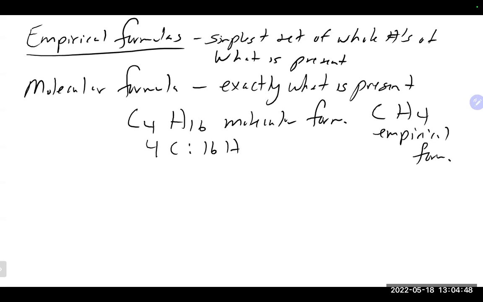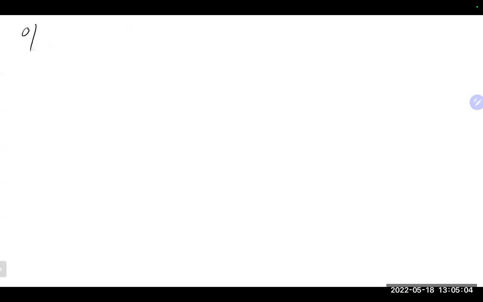We also talked about in this chapter how to calculate the empirical formula from information given to you, a lot of times using the percent composition by mass.